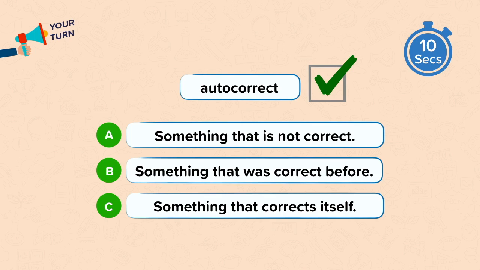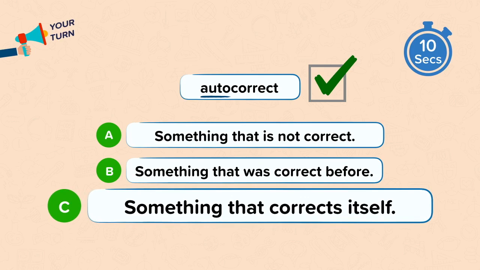So the clue was in the prefix. Auto means self. So autocorrect means something that corrects itself.